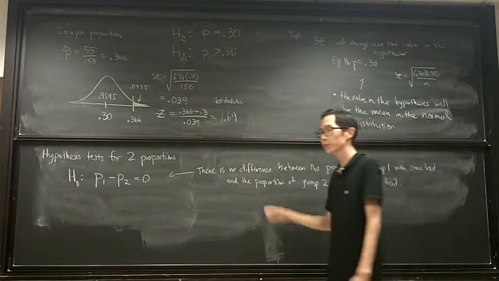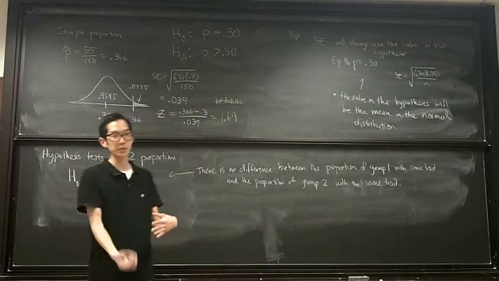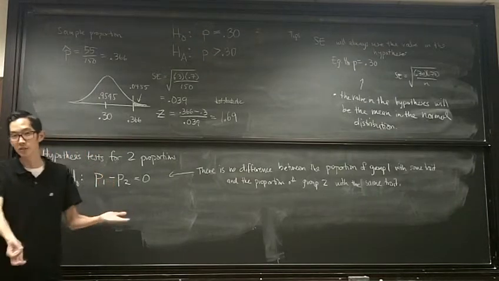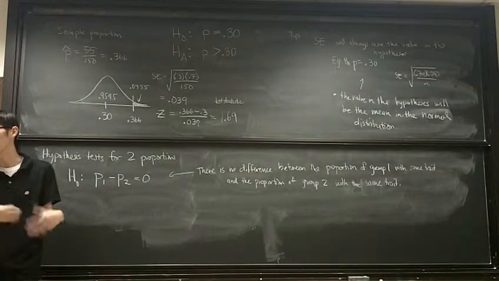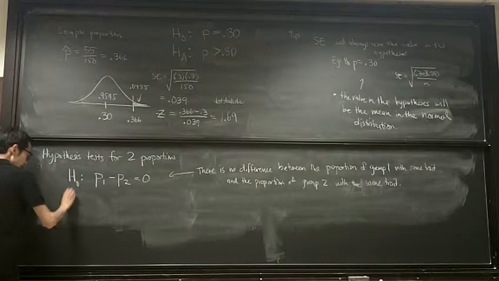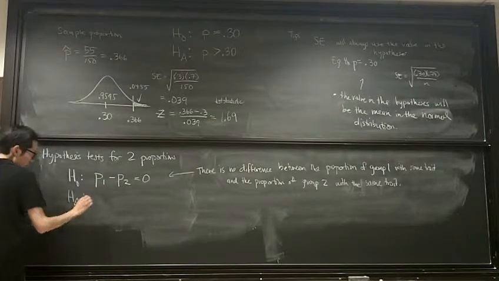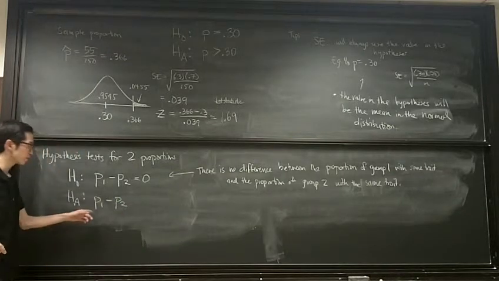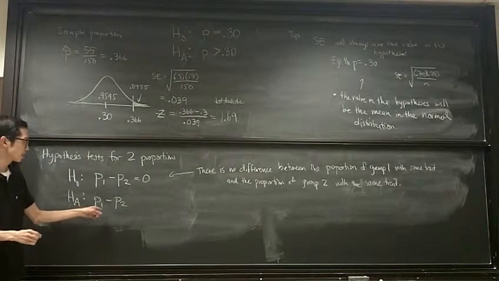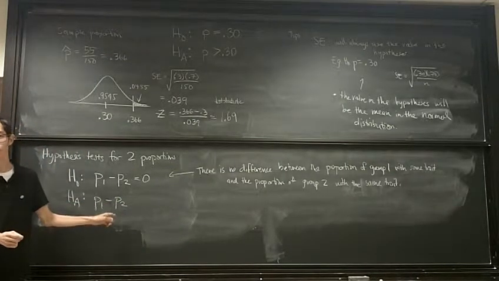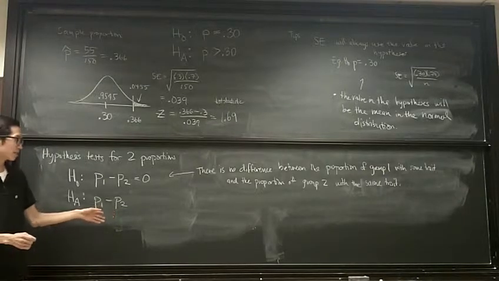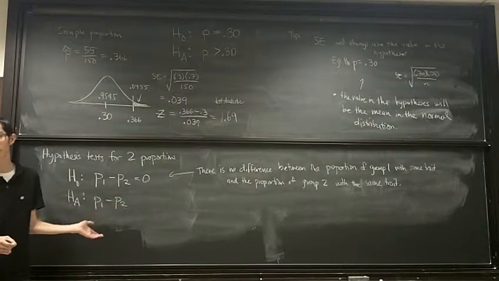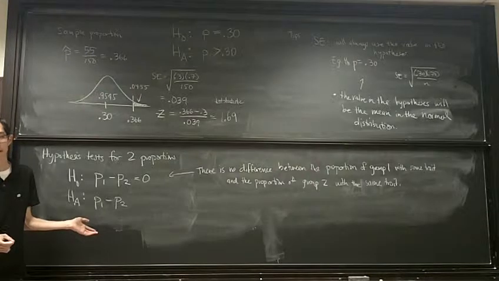Alright. And then the alternative is that there is a difference, or that the difference is bigger than 0, or that the difference is less than 0. P1 is the proportion of men who like American Gladiators, and we're subtracting out the proportion of women who like American Gladiators. Do you think this is going to be bigger than 0, less than 0, or not equal to 0? What should we use?